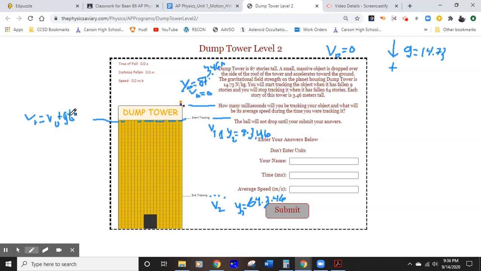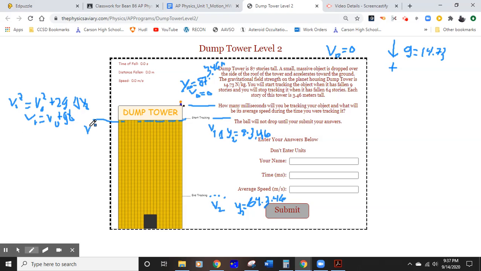That's not going to help us out, but we do know this equation here: V1 squared is going to equal V0 squared plus 2 times G, and it's going to be this distance here, delta Y2. All right, so that'll be the speed. So this will give us V1.